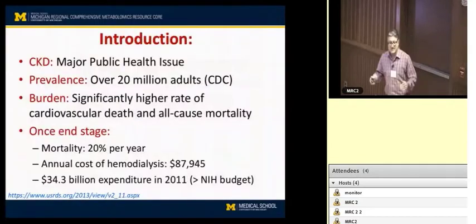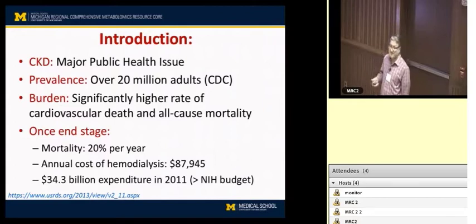For the audience who are not clinicians, chronic kidney disease is a major public health issue. According to the CDC, there are currently over 20 million individuals with CKD in the United States. It's associated with higher risk of cardiovascular and all-cause mortality, even at very early stages of CKD.